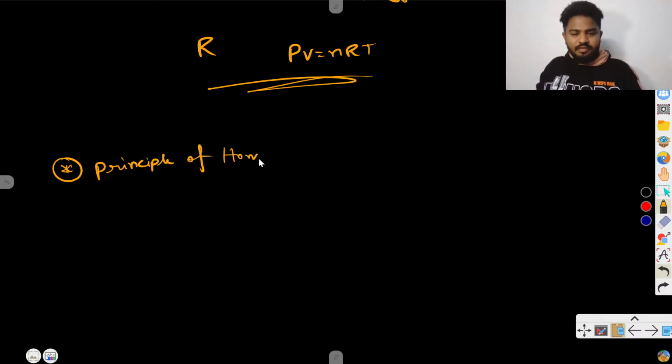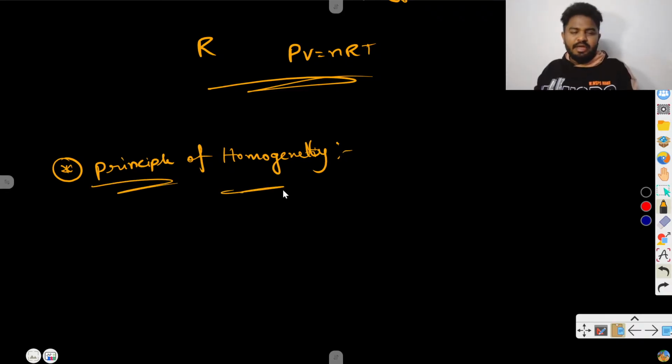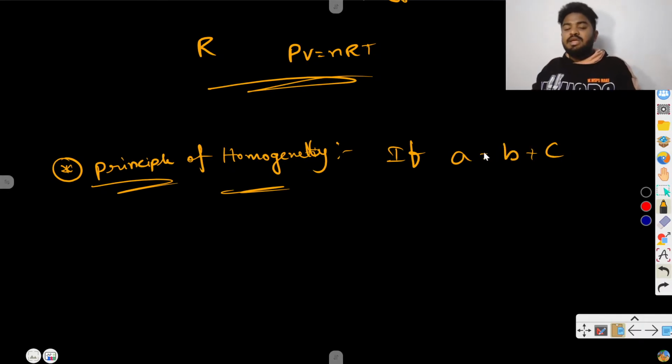Principle of homogeneity in the sense, nothing but, for example, if you get an equation, a is equal to b plus c, it's an equation. Here, whatever the dimensions for a, for b, for c also, the same dimension formula should be.